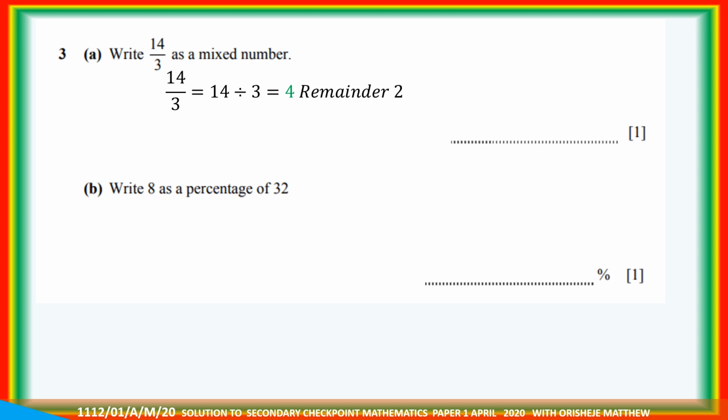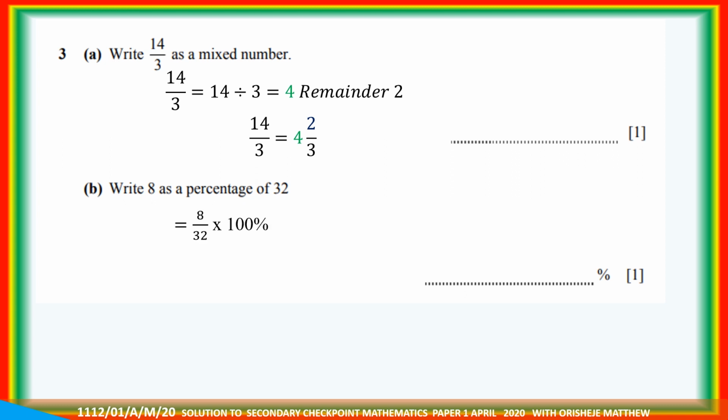So if you want to write that, you will write it as 4 whole number 2/3. The remainder you divide it by the denominator. In this fraction, the denominator is 3. So 14/3 is the same thing as 4 whole number 2/3. So that is 4 2/3.